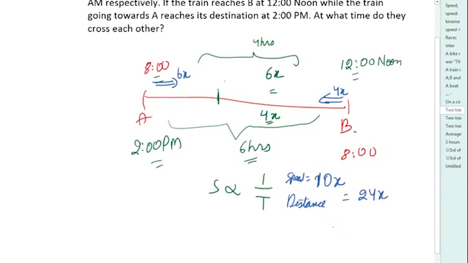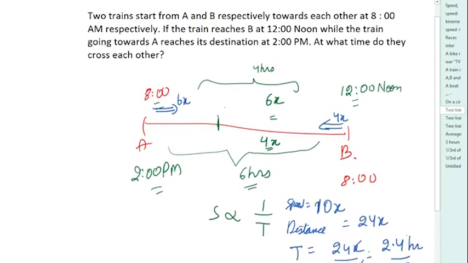Hence the time it will take is distance by speed, 24x by 10x, where x gets cancelled. It becomes 2.4 hours. So after 2.4 hours, they will be crossing each other.